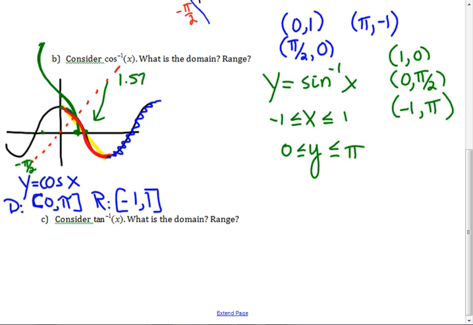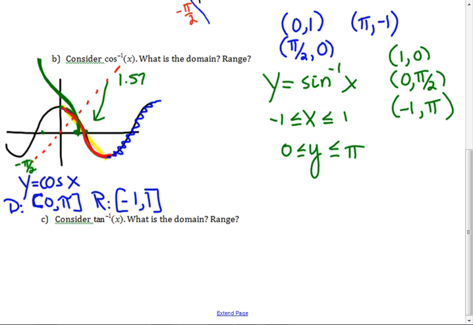It's this one, and then it's the green one. I just plotted some points because I'm not very good at this. And this is going to go up to pi. There. Okay. We restrict it because if I don't restrict it, my inverse trig is not a function. It's going to go forever. And then what is my calculator going to tell me? That's the problem.